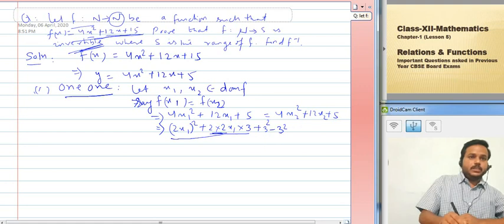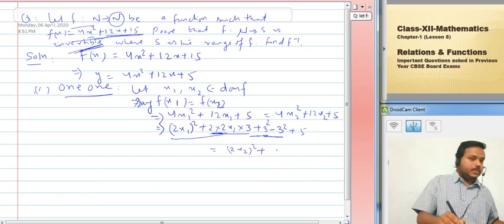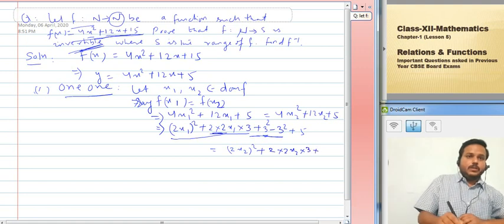So plus 5 was already there, the same thing here: (2x2) whole square plus 12x2 plus 5. In fact 12x2 should be written like this, 2 into 2x2 into 3, plus 3 square, then again minus 3 square plus 5.